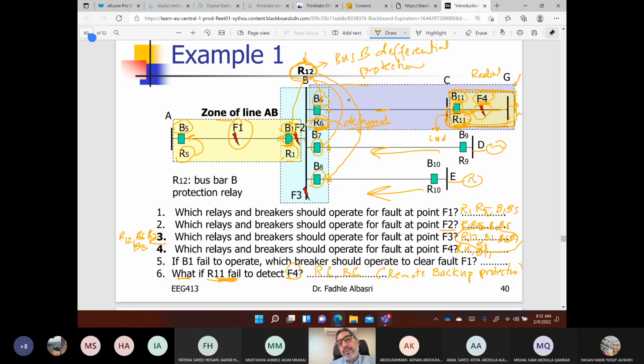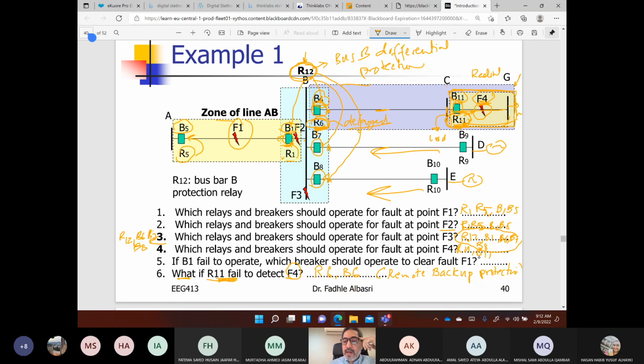In this case, usually this is not necessary, but okay, I will open it also, because I don't have supply here. But generally, for breaker failures, all breakers connected to this bus bar trip.